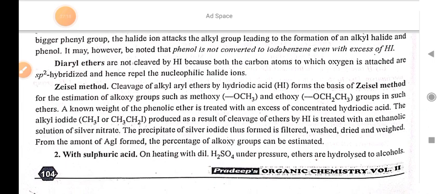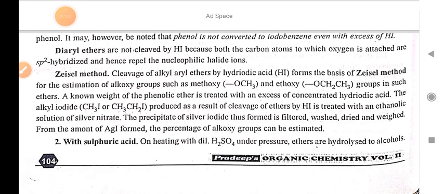Diaryl ethers are not cleaved by HI because both the carbon atoms to which the oxygen is attached are sp2 hybridized and hence repel the nucleophilic halide ions. Zeisel method: cleavage of alkyl aryl ether by hydroiodic acid forms the basis of the Zeisel method for the estimation of alkoxy groups such as methoxy and ethoxy groups. In this method, a known weight of the phenolic ether is treated with an excess of concentrated hydroiodic acid.